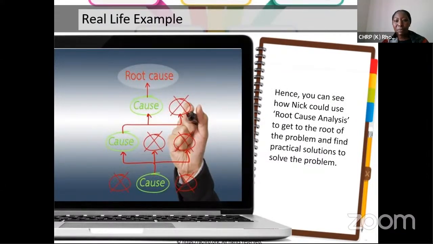He has come up with many causes, cause one. So he's asking why, then moving to the next why. What would cause that? Then going to the third why. You can see he has 5 whys. He's asking why, then this why, then getting the cause, then getting to the root cause analysis. So from that example, you can see that Nick could use the root cause analysis to get to the root of the problem and find practical solutions to the problem.